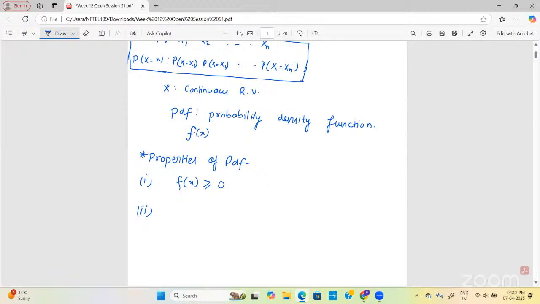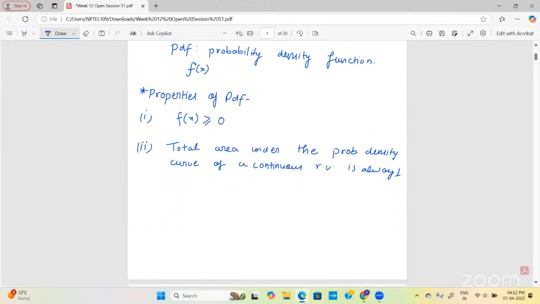The second property is that the total area under the probability density curve of a continuous random variable is always 1.